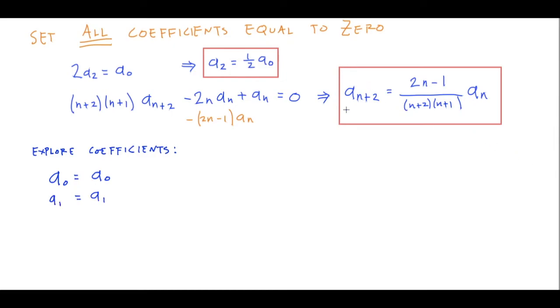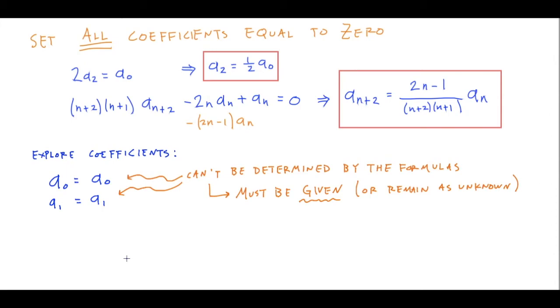This relationship here allows me to define a coefficient recursively in terms of the coefficient that was 2 terms prior, right? So a sub n plus 2 can be computed based on a sub n. A sub 1 does not have a coefficient that was 2 terms prior, so it's impossible to use this formula to determine what a sub 1 would need to be. So these first two coefficients can't be determined by these formulas, therefore they have to be given in the problem somehow.